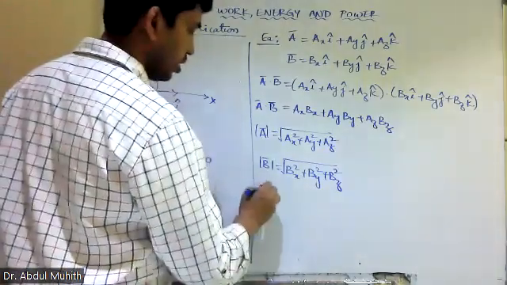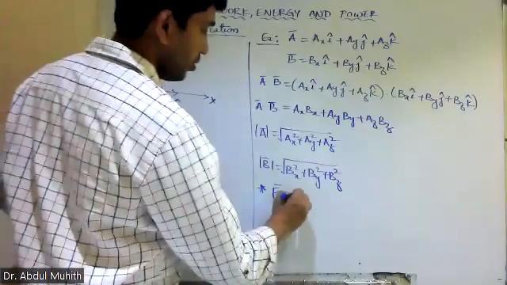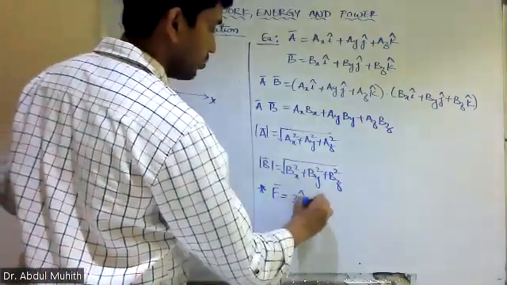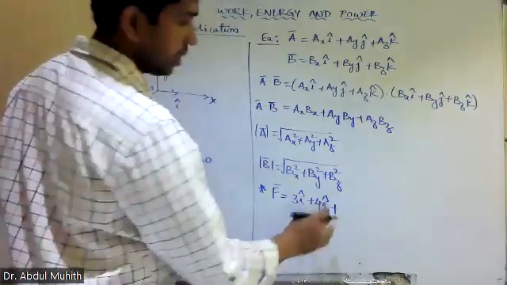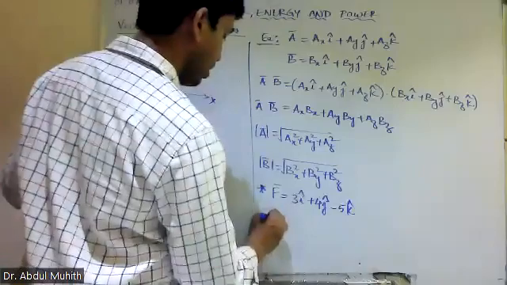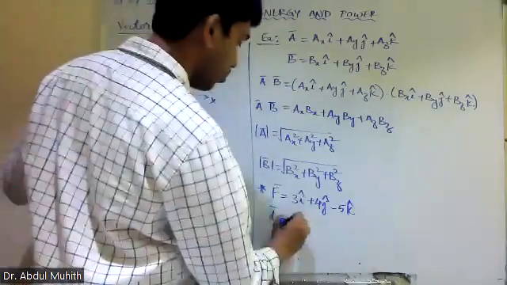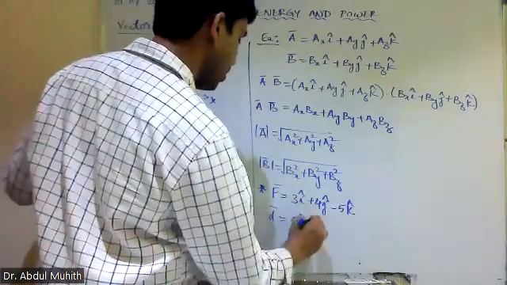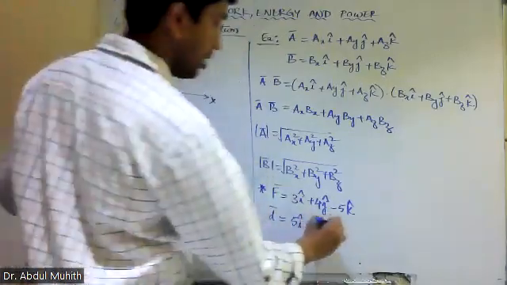So one question here: F is equal to 3i cap plus 4j cap minus 5k cap, and D vector equal to 5i cap plus 4j cap minus 3k cap.